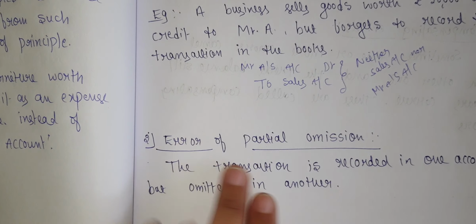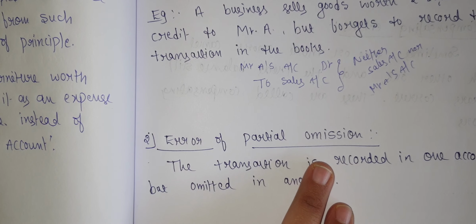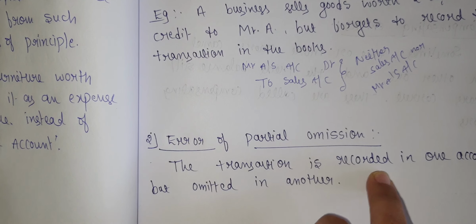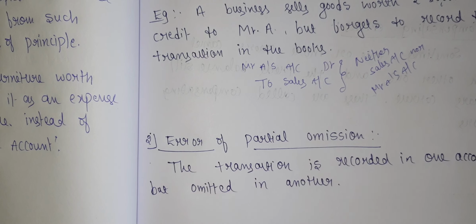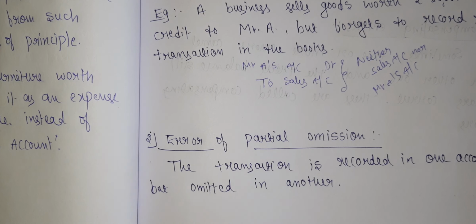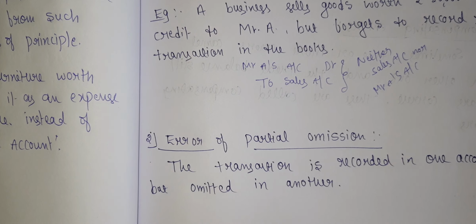Next, we will see error of partial omission. What does it mean? It means the transaction is recorded in one account but omitted in another account.